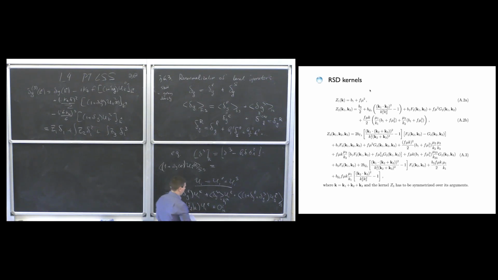You can already guess what this operator could be. Again, based on symmetries and dimensional analysis, it has only one index, so it should have a gradient. And then the only field you can write down is the density field. One important point I would like to make here is that this needs to be a scalar under Galilean transformations, because this already has the proper Galilean transformation properties. So if you want to preserve Galilean invariance, this needs to be a scalar. So this guy cannot depend on the velocity field, as this would break the Galilean symmetry. That's the only functional form you can write down when you use the EFT arguments to express this, all right?